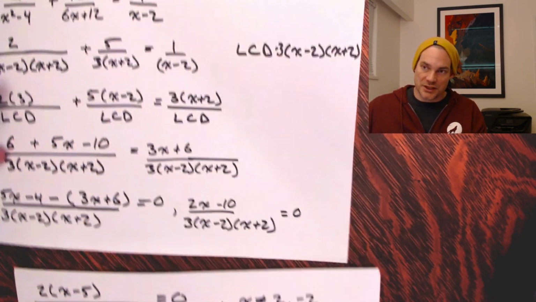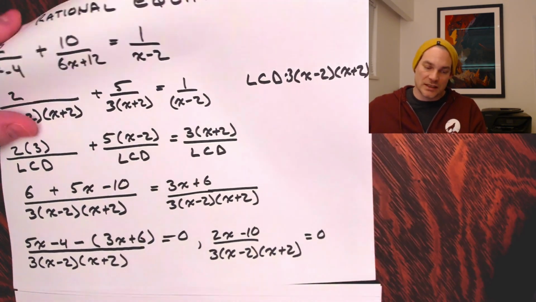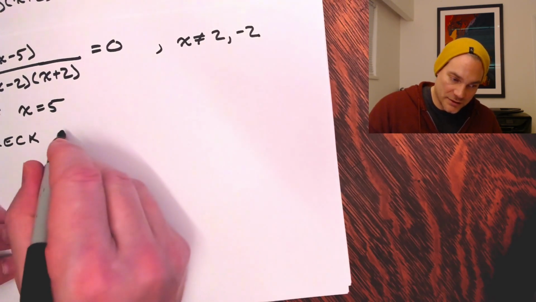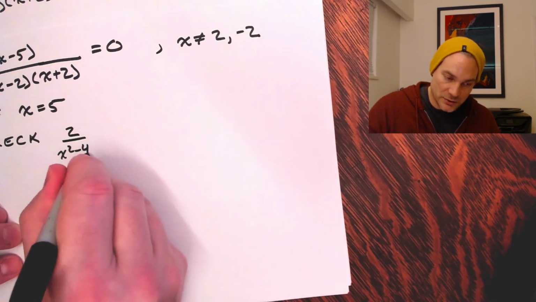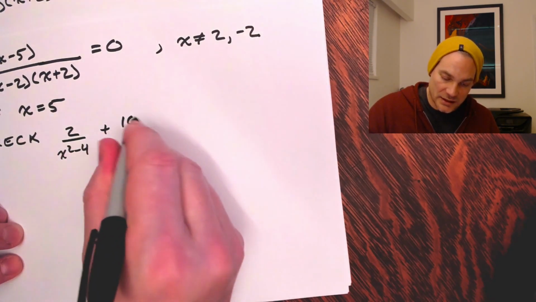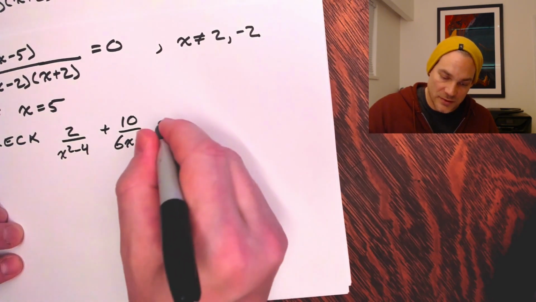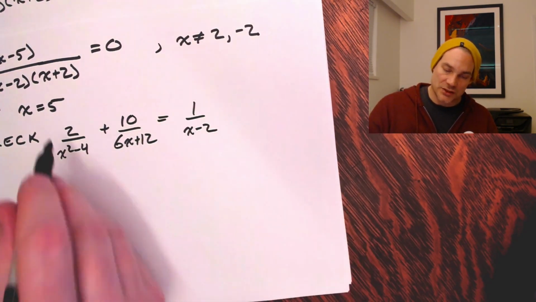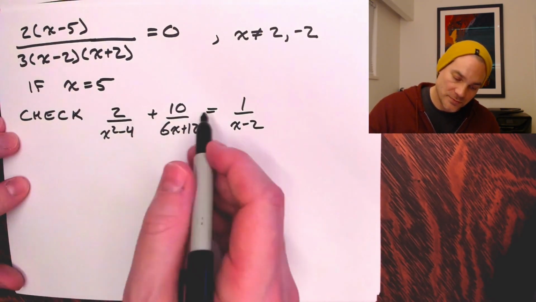So when we check it, we're going to go right back to our first equation. So I'm going to rewrite it out. I have 2 over x squared minus 4 plus 10 over 6x plus 12 equals 1 over x minus 2. I'm going to check it by putting 5 back in here.